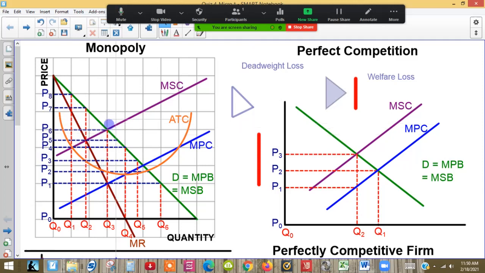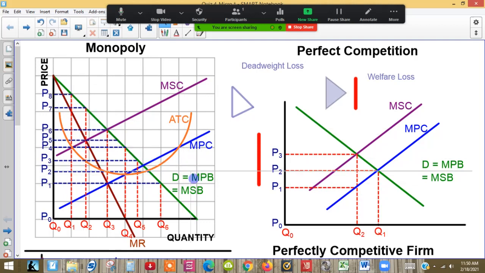This is where this monopoly firm or market is socially optimum, because this is where marginal social cost equals marginal social benefit. Now, remember, when there's only one demand curve, marginal private benefit and marginal social benefit are equal. It's all just this one demand curve.